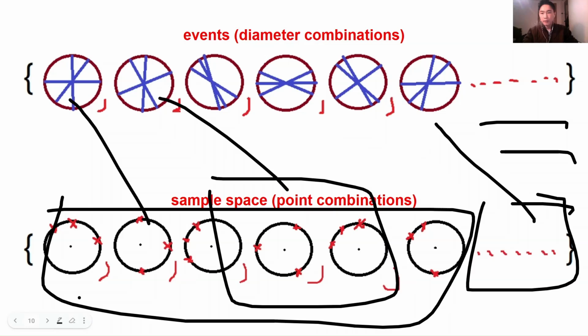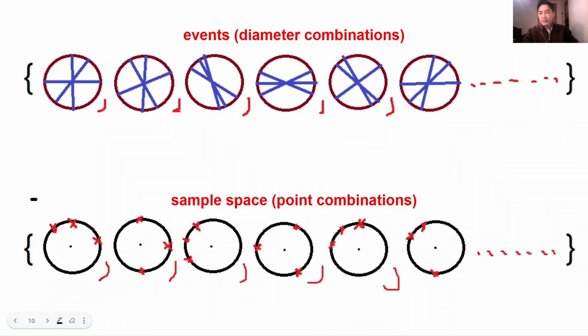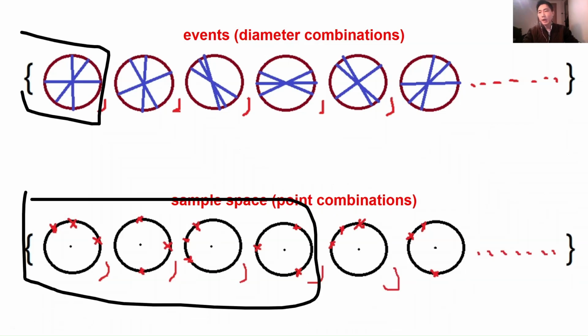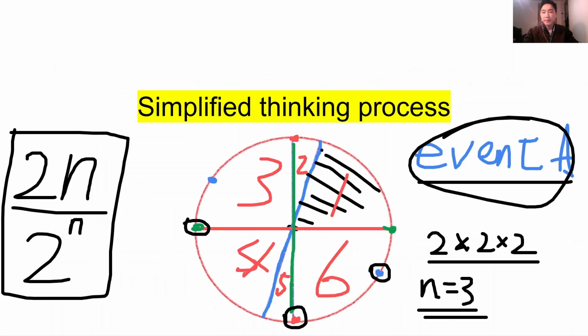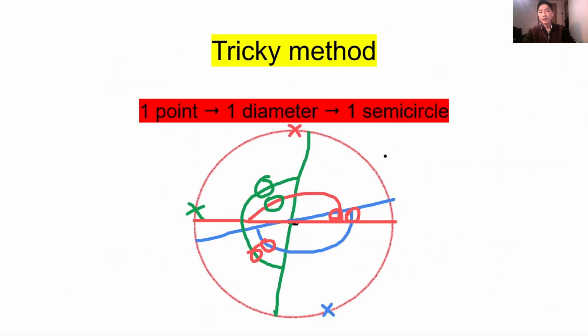But inside just one event, there are some point combinations that don't have any overlapped area, like what we explained here. Not all the point combinations have overlapped area, right?